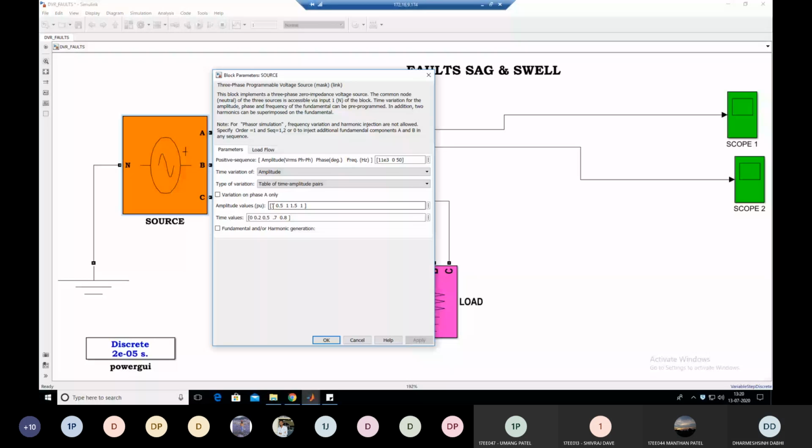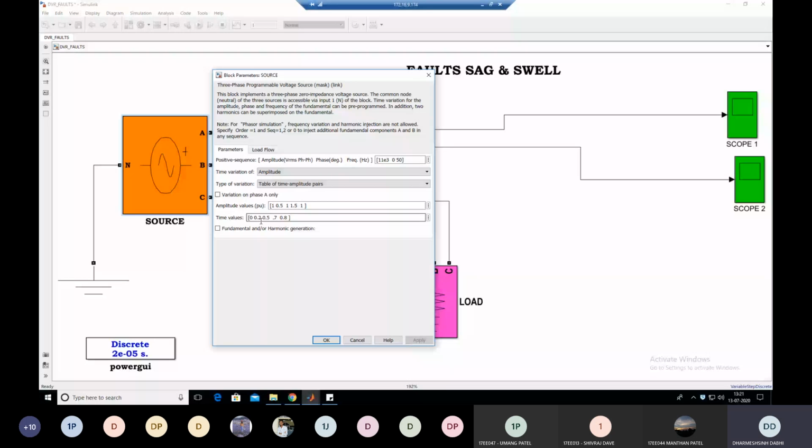Clear? Next, at time 0.2 second, you can see that the amplitude of voltage in per unit changes from 1 to 0.5 per unit. It means that the source voltage suddenly reduces to 50% of its rated value at time 0.2 seconds. It means that it creates a voltage sag here.